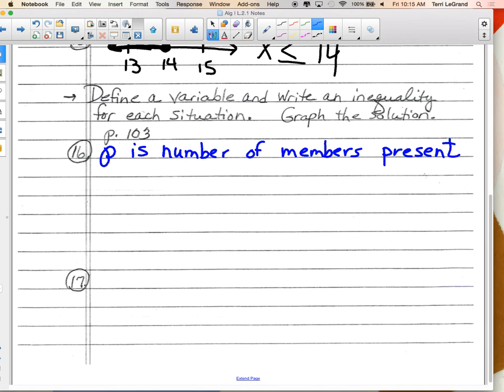So either you graph it first and then write the algebraic statement, or you write the algebraic statement and then graph it, whichever works best for you. So go ahead, try it. What do you think could represent this situation? There must be at least 20 club members present.